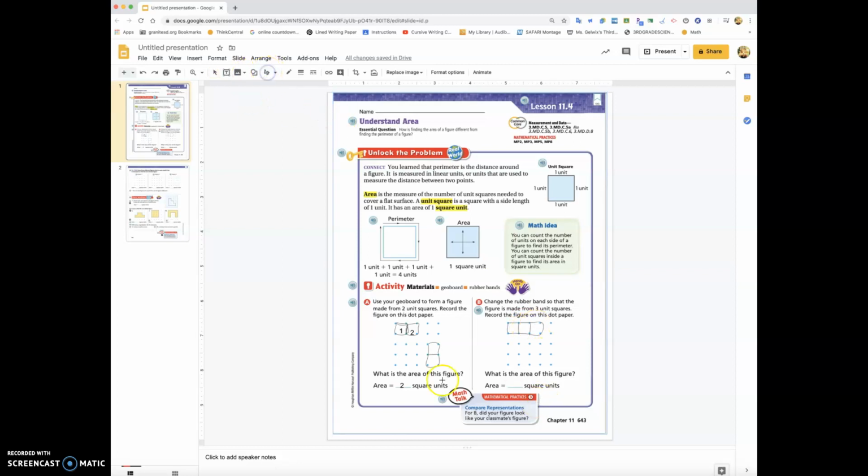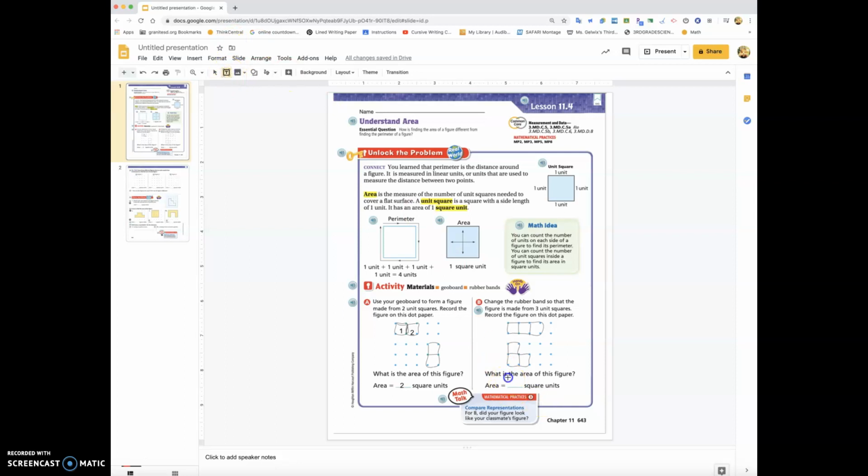Now they can go different directions, like I could do this. It still only has an area of 3 unit squares. Remember, area is inside. There are still only 3 squares inside. 1, 2, 3. So the area here is the same.